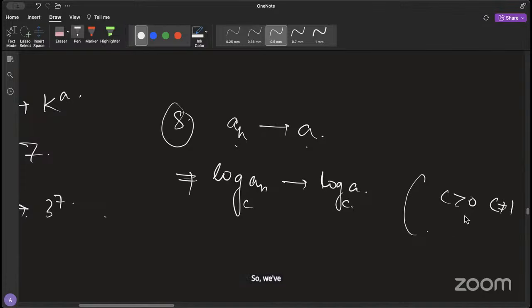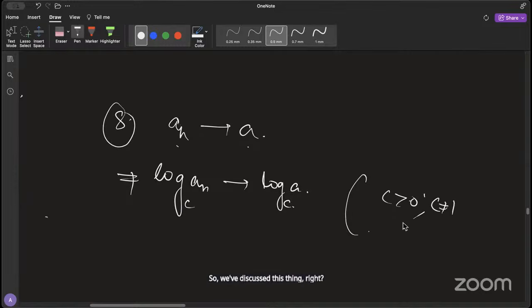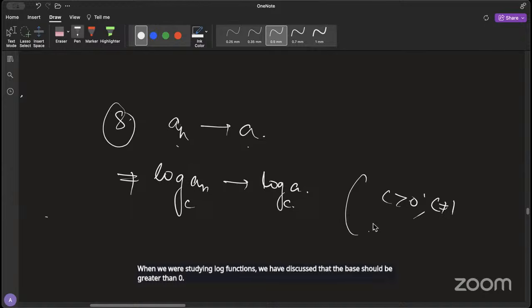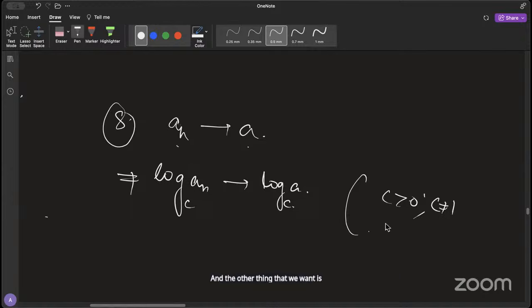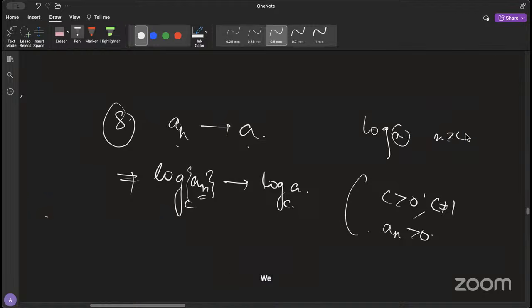We've discussed this when we were studying log functions. Then the other thing that we want is your An should be greater than 0, right? Whenever you take the argument of a log function, log x, we want x to be greater than 0.